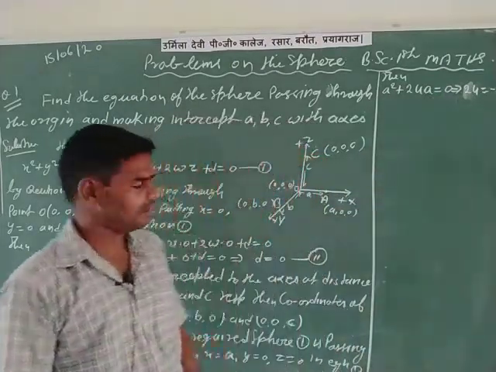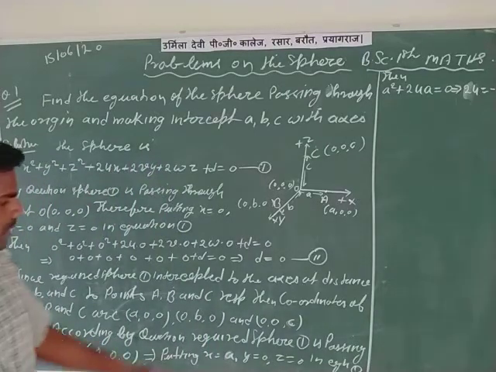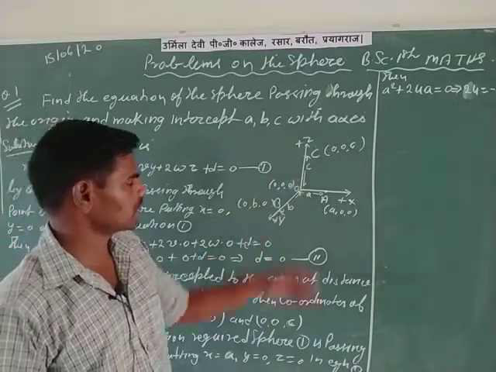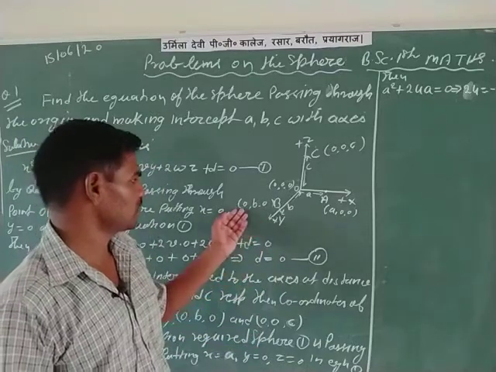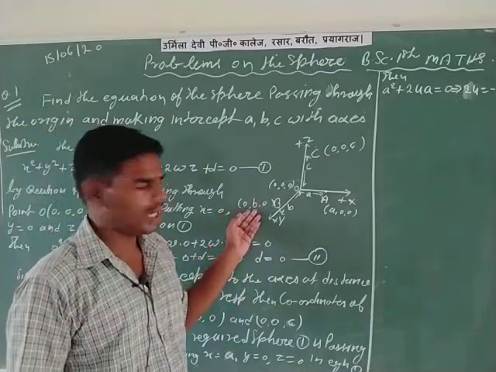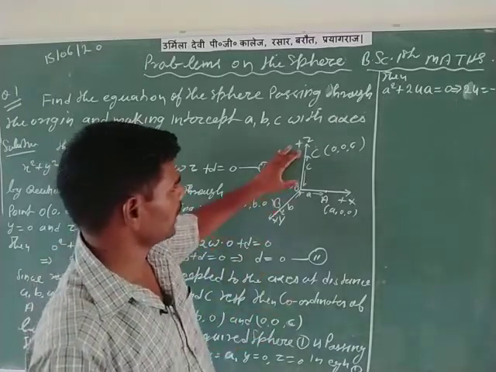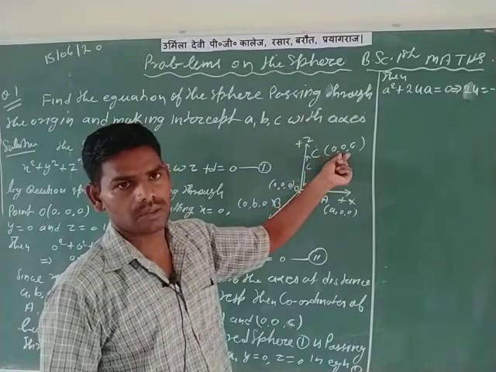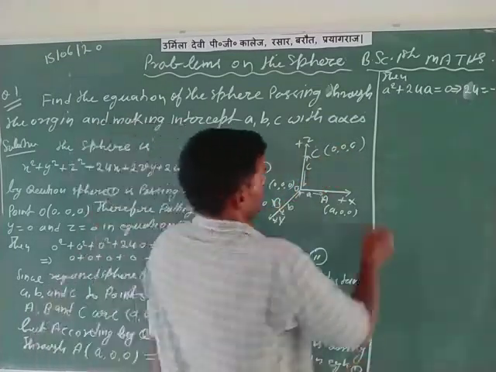Same process you can apply for points capital B and capital C, which are also intercepting points of the sphere on the axes. Therefore for point capital B, putting x equal to 0, y equal to b and z equal to 0. Similarly for point capital C, putting x equal to 0, y equal to 0 and z equal to c.